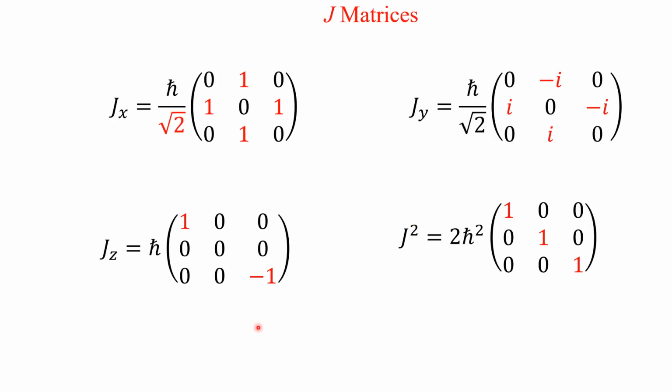So in the case of j equal to 3 by 2, you will get a 4 by 4 matrix. It will go on similarly. So if j is equal to 2, then you will get 2 into 2 plus 1, a 5 by 5 matrix. It will go like that. So this is the method of constructing angular momentum matrices.